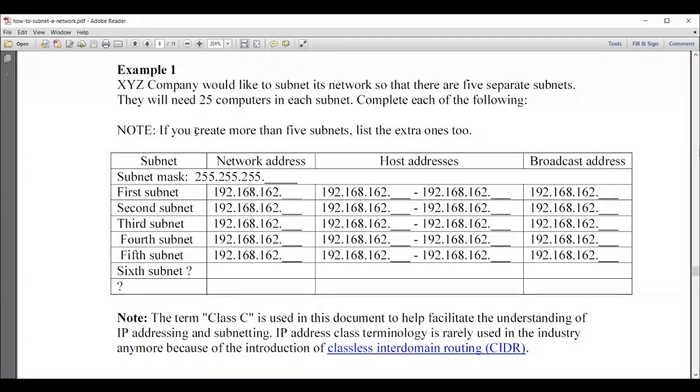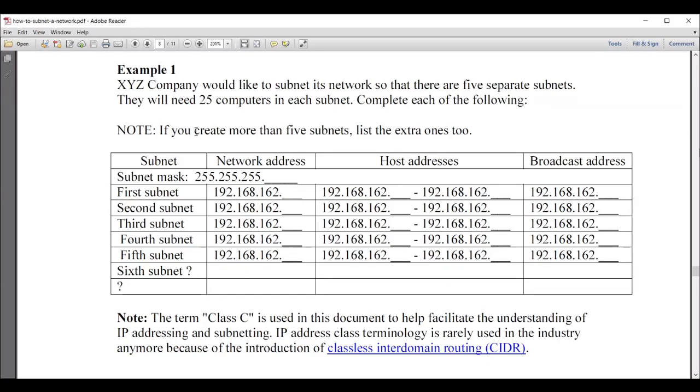Now you have borrowed 3 bits from the host side, so the host side has only 5 bits, because the whole octet has 8 bits. Already you have borrowed 3 bits for the subnet representation, so the remaining 5 bits you can utilize for host IP addresses.